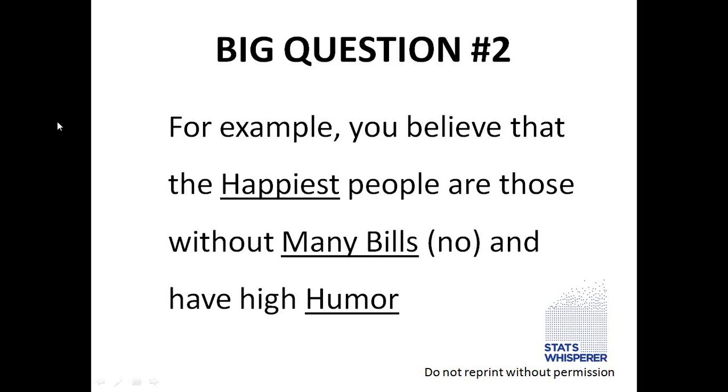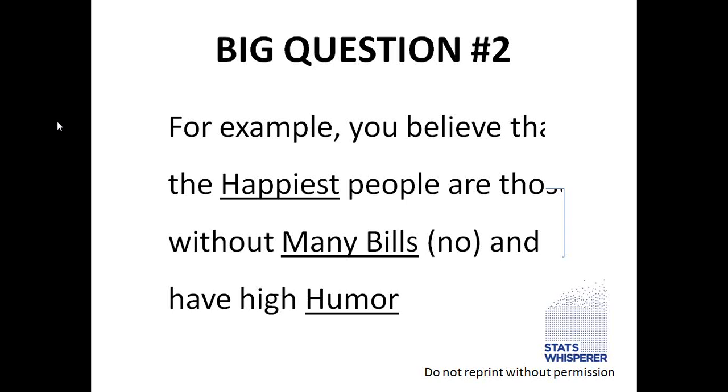Makes intuitive sense. But then we say, well, wait a minute. What if we think the happiest people are people with high levels of humor and no bills? We say, well, within that sample, if you could segment those people, you would find the happiest people there are.